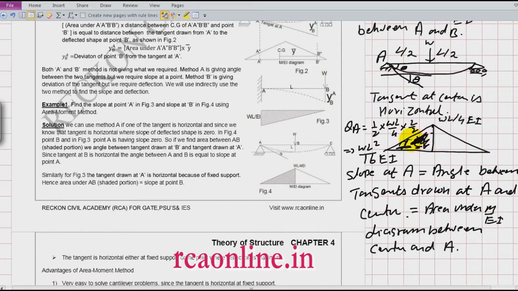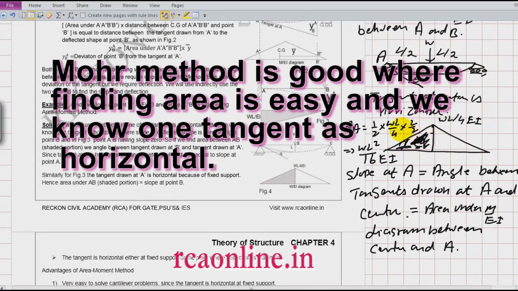So the Moore circle or area moment method is only good where I have a ready-made line which is horizontal first, and second, the area calculation is very easy. Otherwise, I will always try to solve the questions using Castigliano, because Castigliano is a very powerful mechanical method.